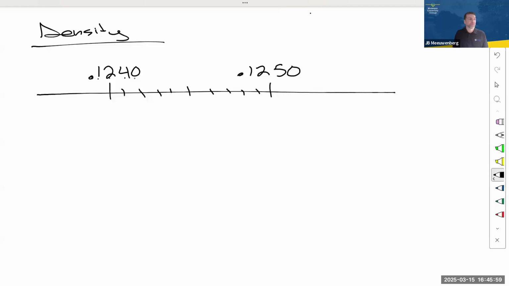We just needed to find a number between 40 and 50. Let's go with my favorite number, 47. 0.1247. Notice how it has the 124 and then one additional number after it. We could have chosen any of these that are between 0.124 and 0.125, but that's one way to do it.